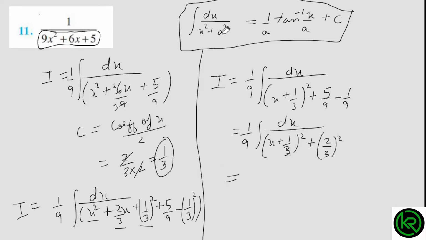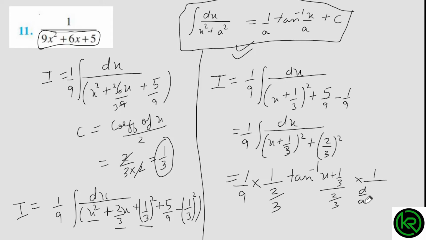So now students, we will use this formula, ∫dx upon x² + a² is 1 by a tan⁻¹ x upon a. This is a very important formula. So a is here, students, 2 by 3, and tan⁻¹ (x + 1/3) upon a, which is again 2 by 3. Okay, then we will use the chain rule also, but the chain rule will divide by d/dx of (x + 1/3), and the differentiation of 1 by 3 is 0, and of x is 1.